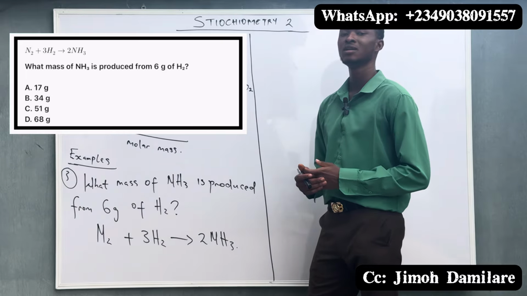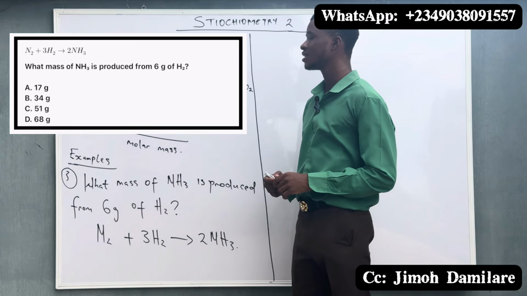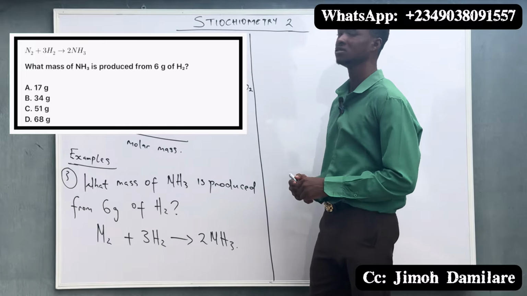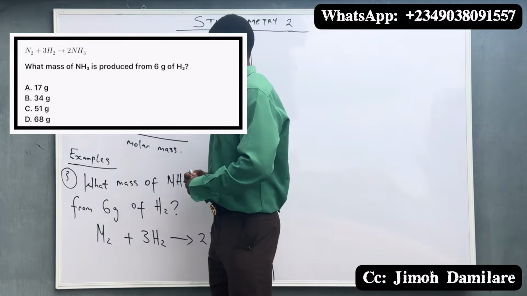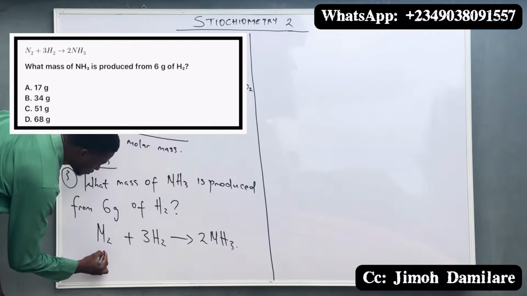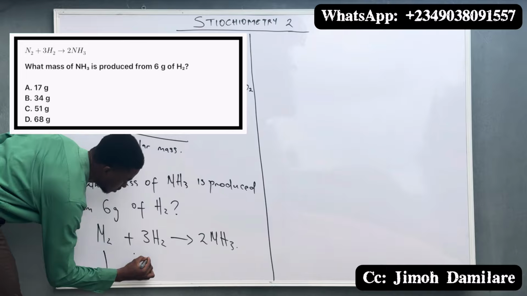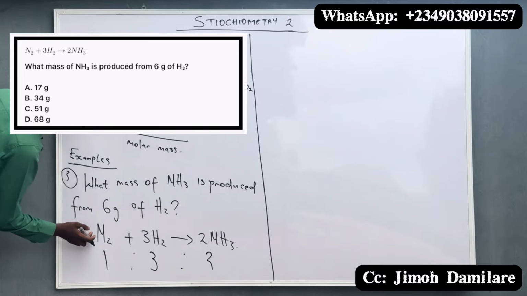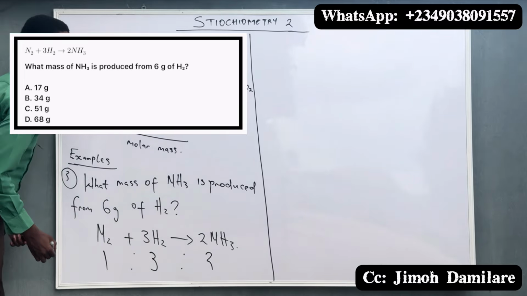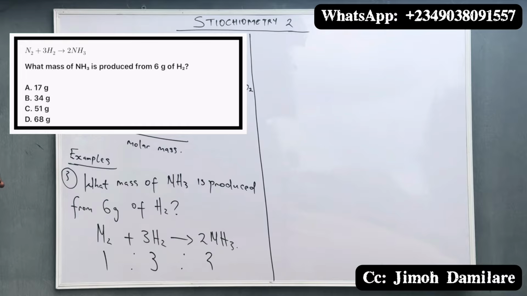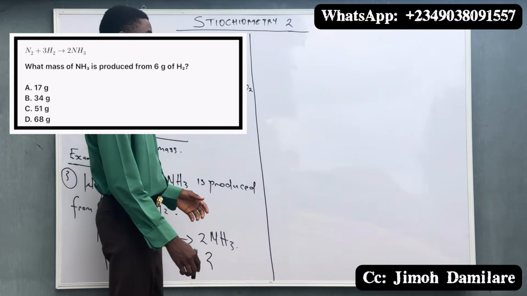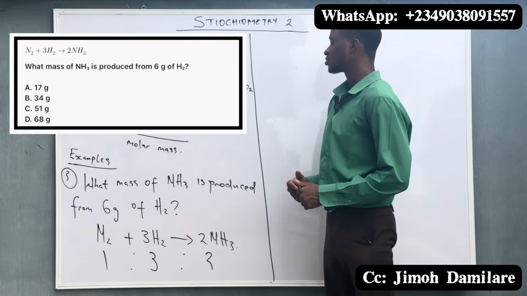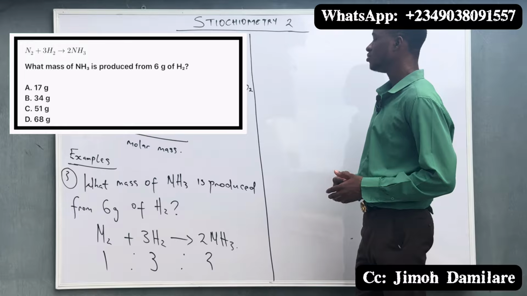Now that we have been given the correct balanced equation, the next step is to get the mole ratio for all the molecules or compounds. So here the mole ratio is 1, while the mole ratio is 3 in this case, and lastly we have 2. So the mole ratio is just the coefficient of each compound or molecule. Now that we have the mole ratio, look at the question and see what it is telling you to solve.